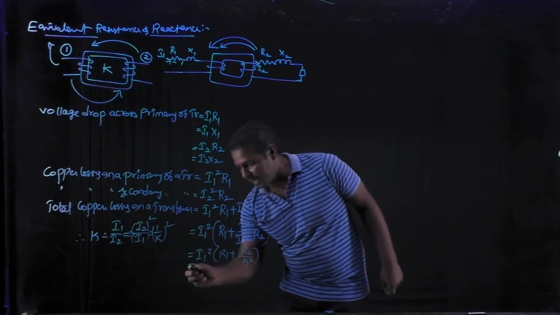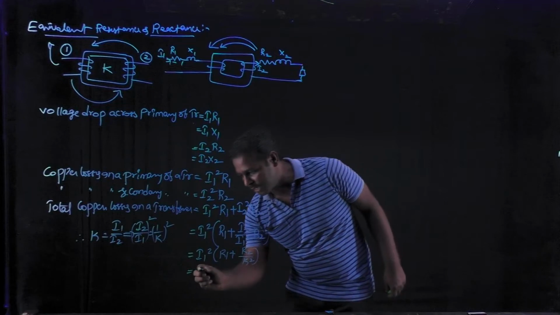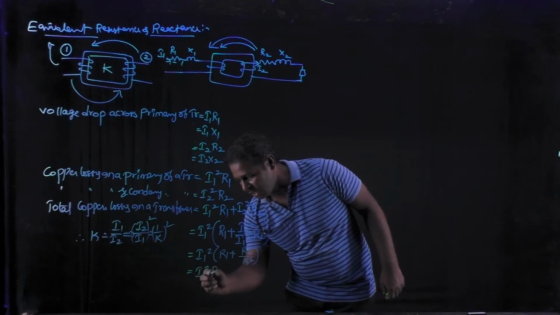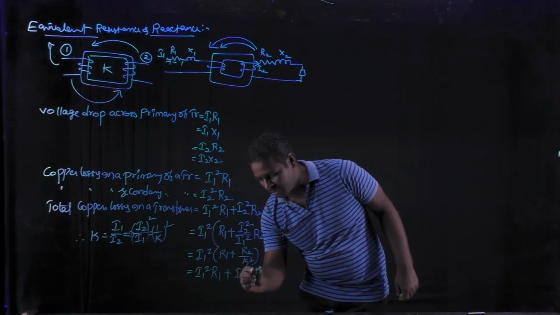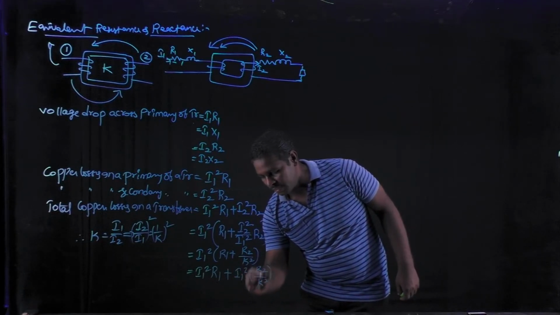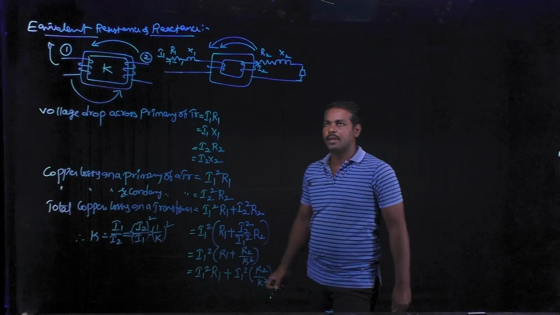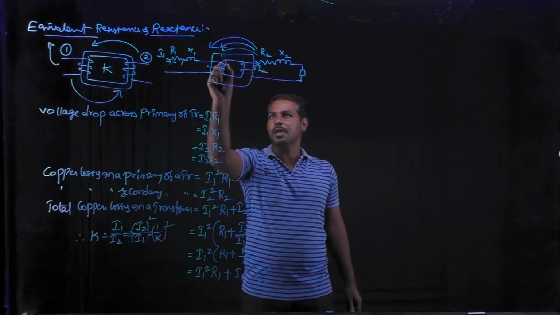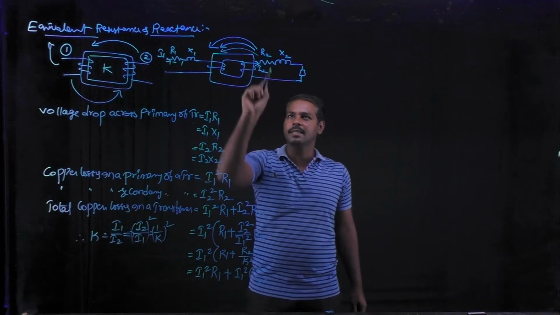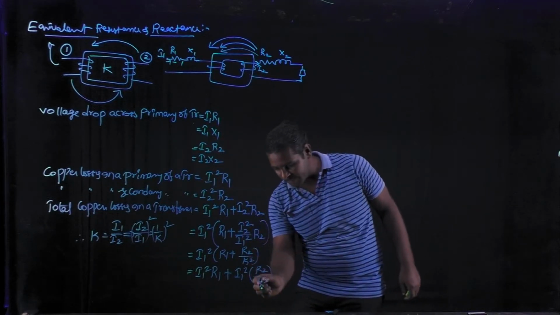Again, we can multiply these two terms: I1 square into R1 plus I1 square of R2 divided by K square. So whenever the resistance of a secondary winding is to be referred to the primary side, that resistance is to be changed to R2 divided by K square.